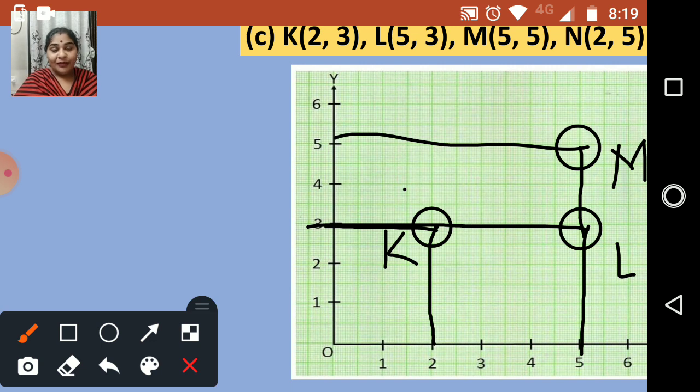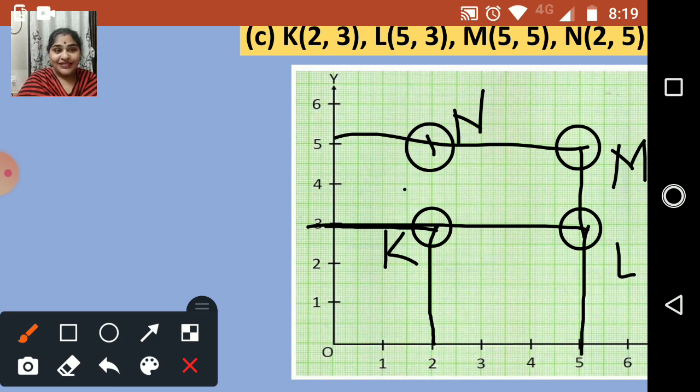And N will be 2, 5. So here is 2 and I go up, it will be something here. This point is N. Like this you get 4 points, that is K, L, M and N.